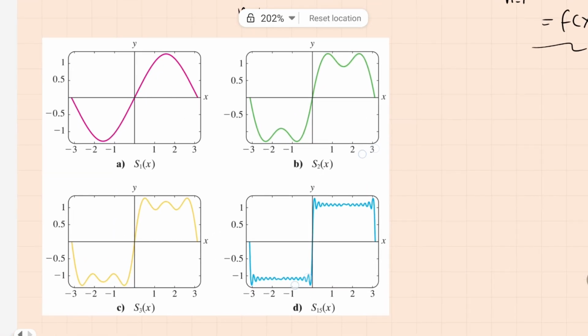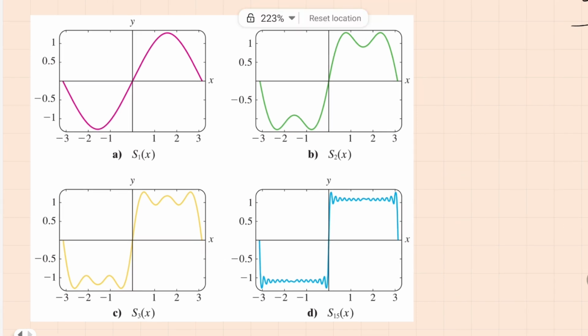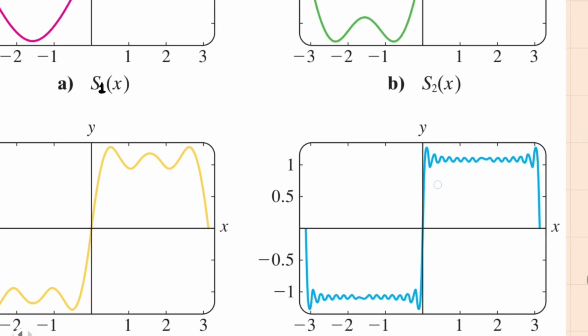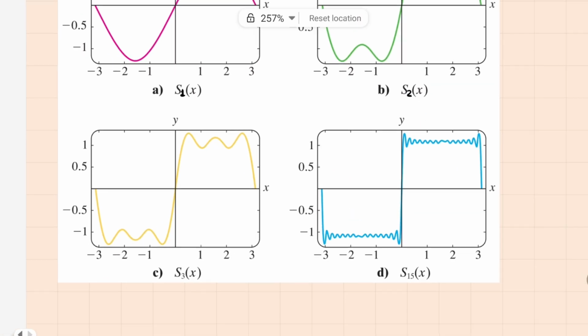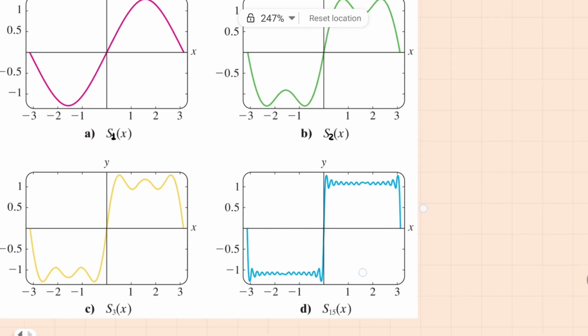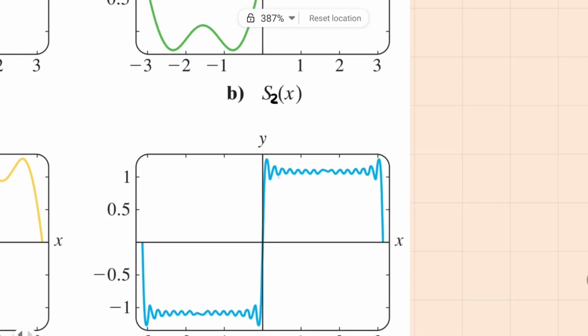Okay, perfect. These will be the graphs of the function f of x in partial sums. Here we are taking the limit equal to 1, to 2, to 3, and to 15. Remember, when we take the limit of n up to infinity, we are going to get exactly the function f. So look that when we increase n, the function turns out to be similar to the function f.